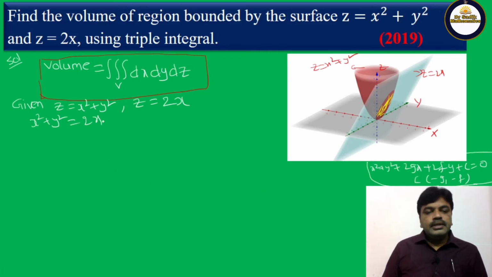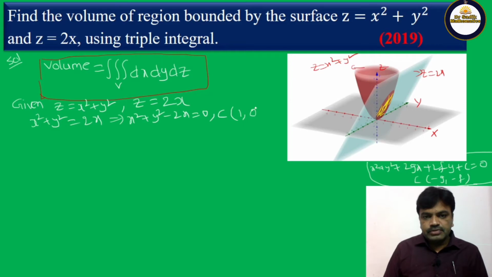So if I write x square plus y square minus 2x equals 0, then what is the center here? 2g x is minus 2x, so g is minus 1, and minus g gives 1. There is no fy term, so the center is (1, 0).